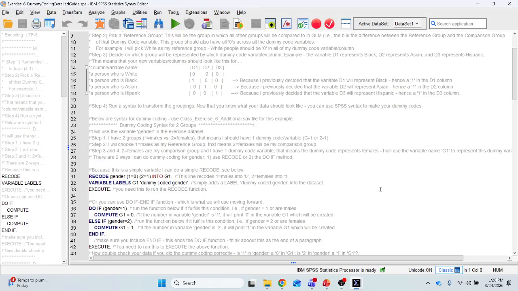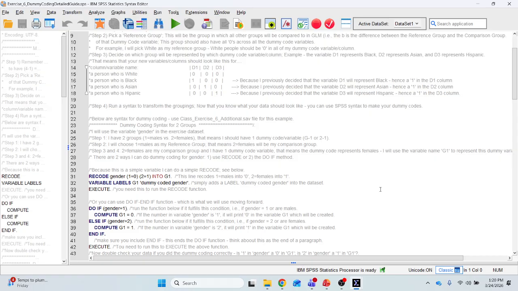Your homework should have 2 parts. The first part is how you dummy code these things. So if my reference group is male, what would column 1 look like? And then the second part is a data analysis.